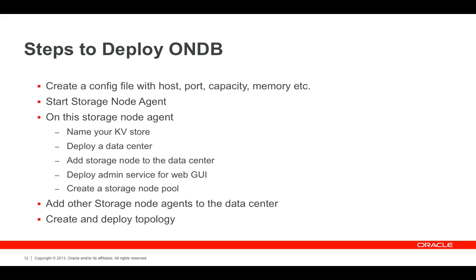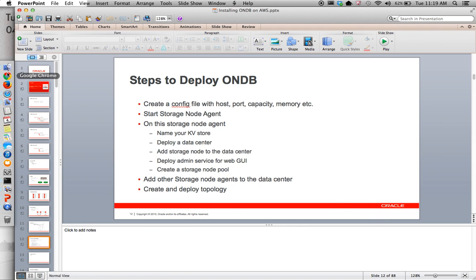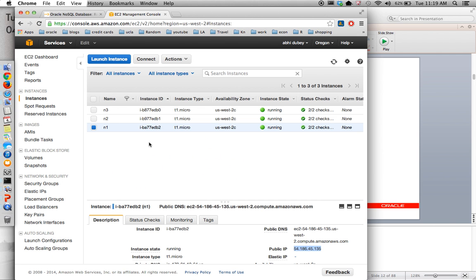So let's look at this in Amazon. These are the 3 machines, the 3 instances I have on Amazon. These are micro instances, very low memory, 600 MB memory, and 8 GB storage.